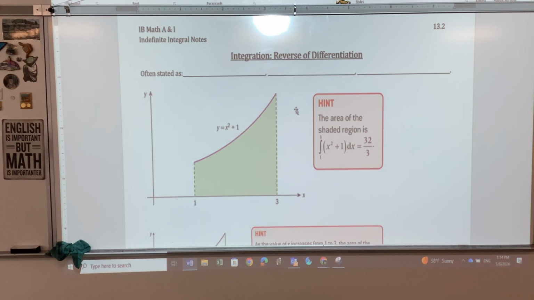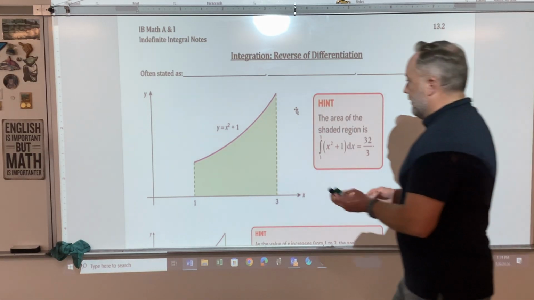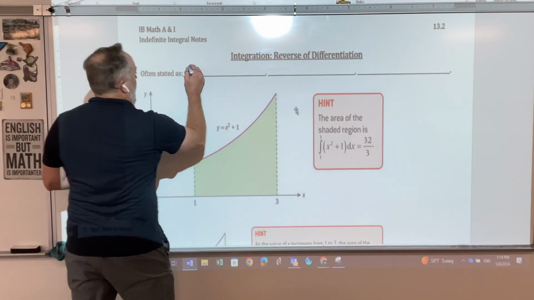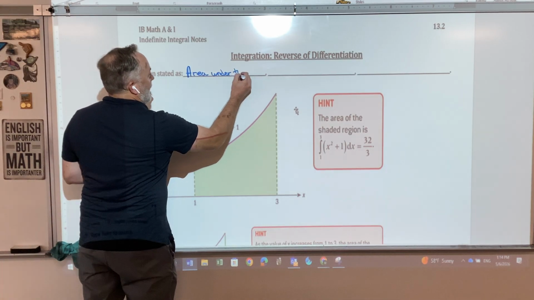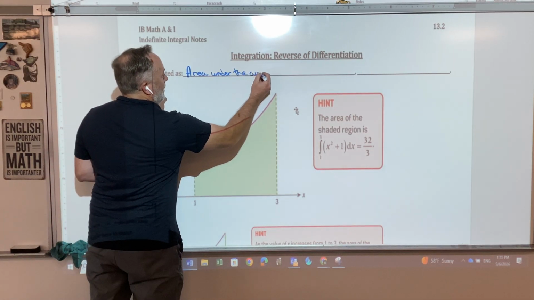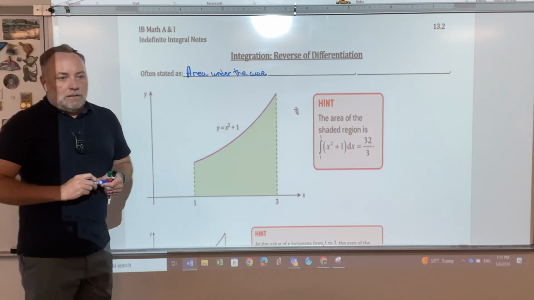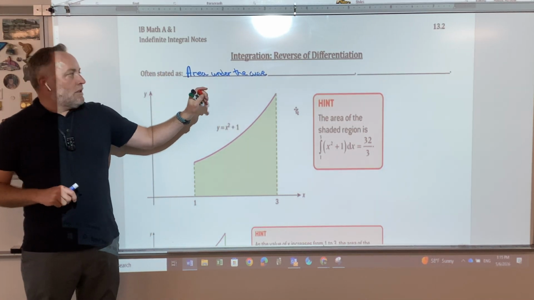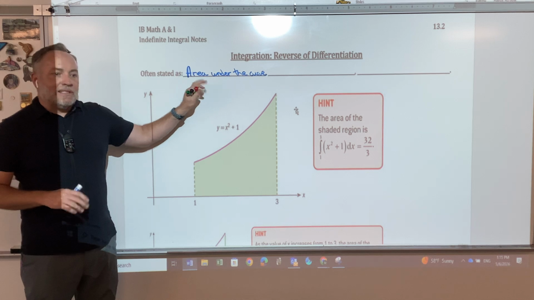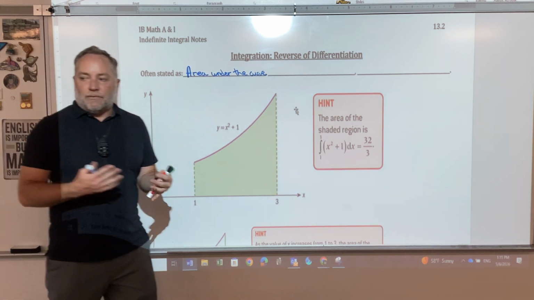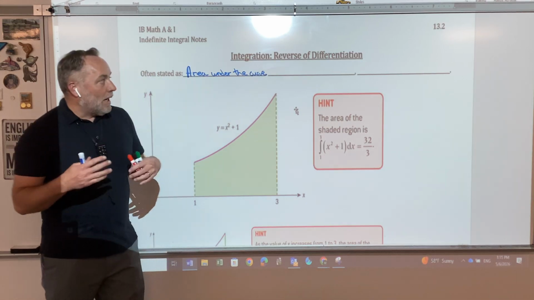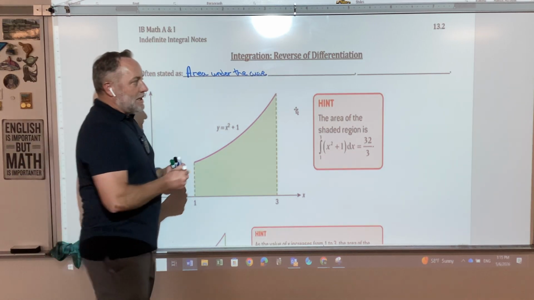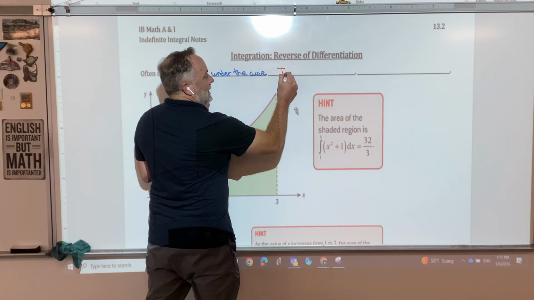Area under the curve. There you go, area under the curve. So right there is area under the curve. Your pencil, buddy. And that's good to know because you'll see that in the phrasing, and that's going to tip you off, okay, I need to use an integral.